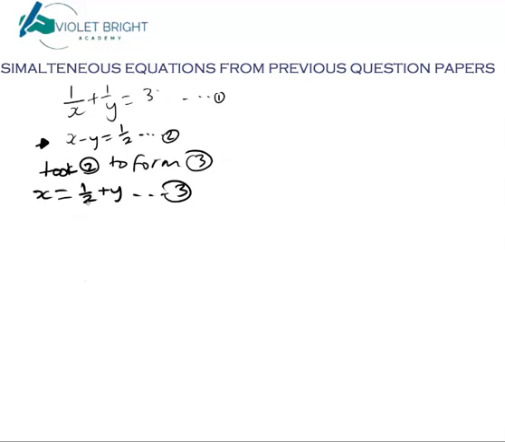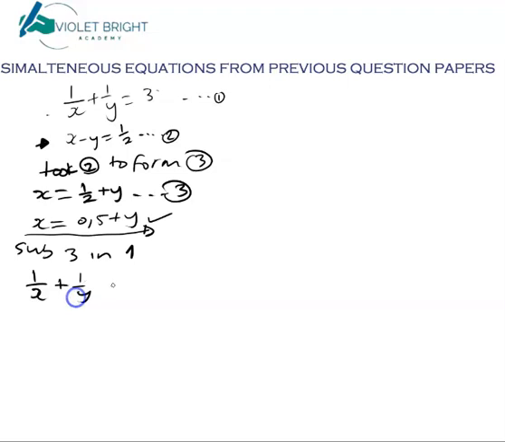In simplest form, just to remove this fraction, I can just write 0,5 because half is 0,5, so it can be simplified. So now equation 3 is this one. Now we have to substitute equation 3 into equation 1, the first equation, which is 1 over x plus 1 over y equals 3.